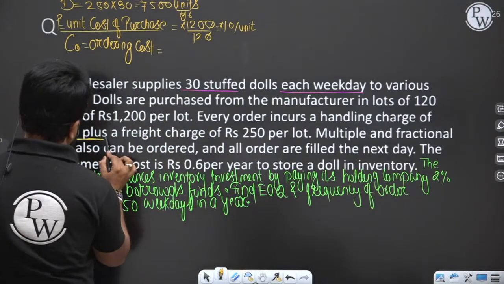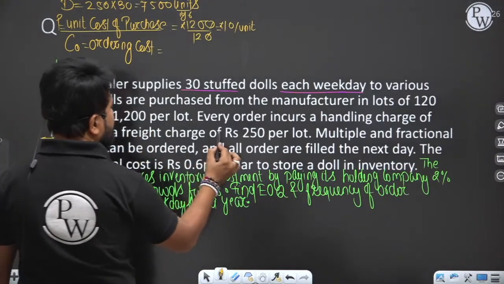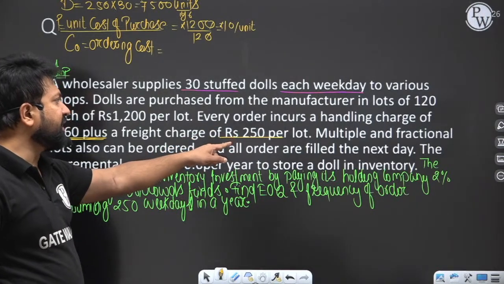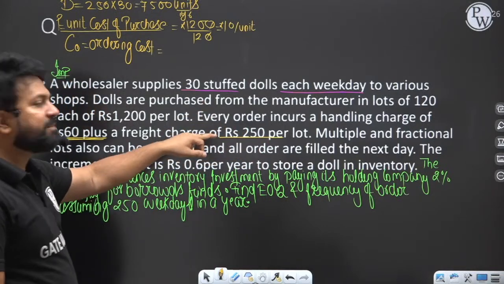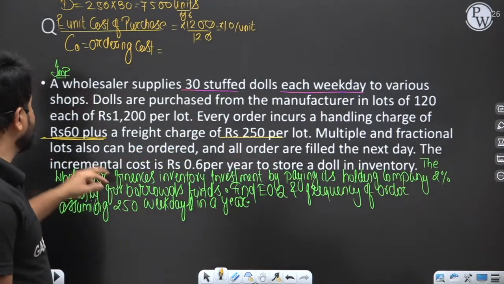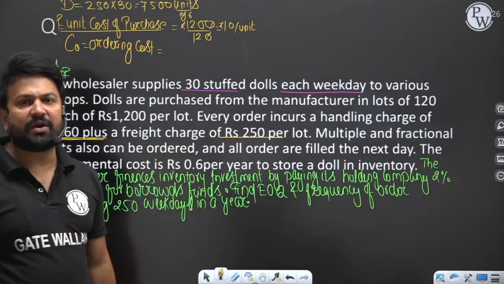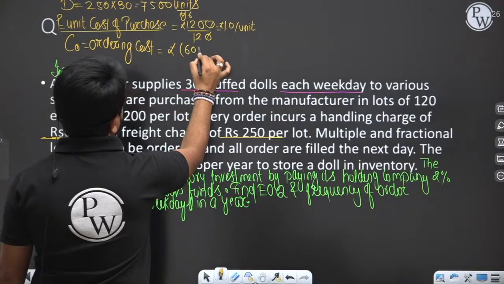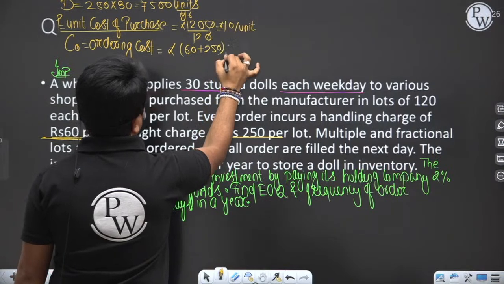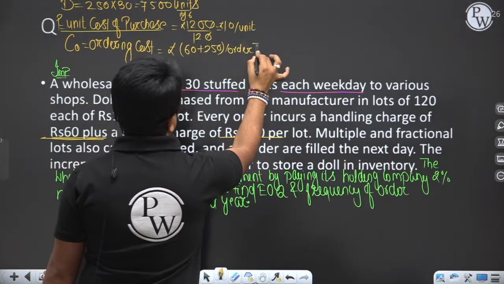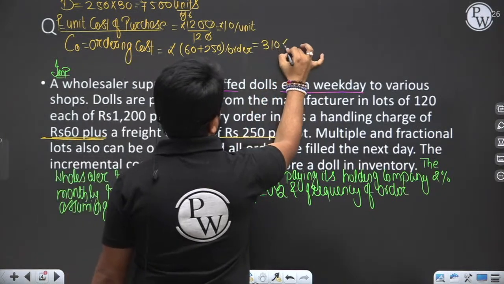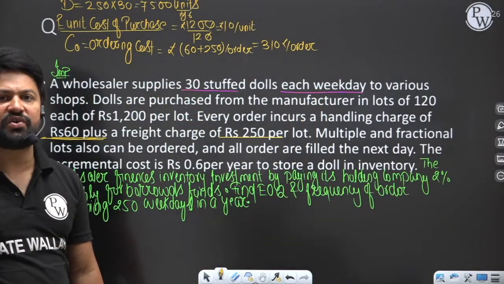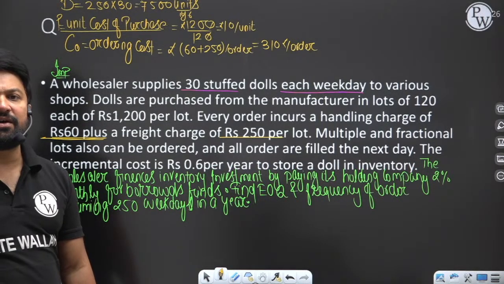Per lot means per order. So the ordering cost is 60 plus 250 per order, which becomes 310 rupees per order. Yes or no? This is the ordering cost.